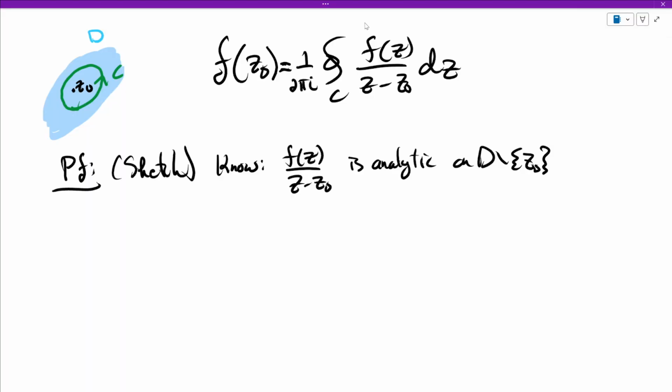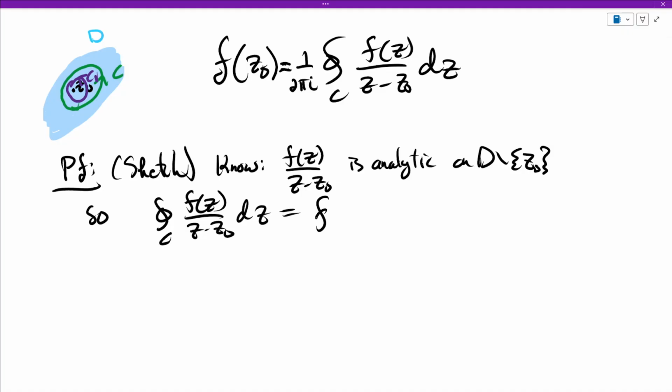In particular, what that tells us is that we can deform C so we can get arbitrarily close to z naught. I'll call that C1. For any deformation C1 of C, the contour integral, the thing that we care about without the 2 pi i correction, is just the same as the contour integral over C1.